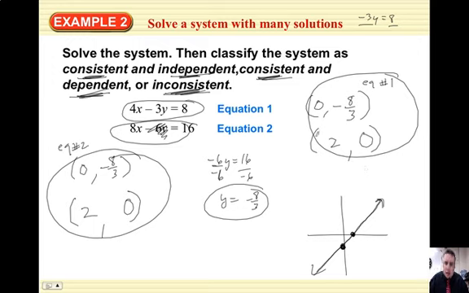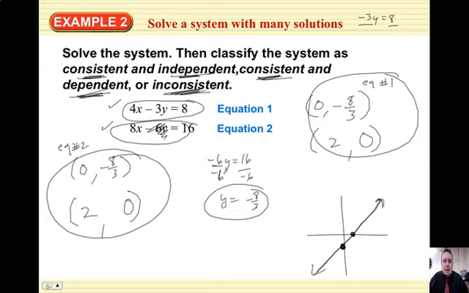which means these two equations represent the same line. When they do that, no matter what you put in here, x comma y, whatever solutions you get for this one will have to be the same solutions that you get for this one, right?